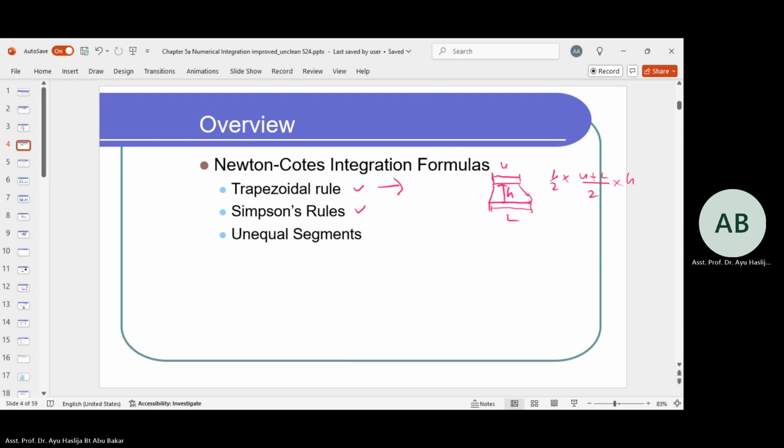Now for Simpson's rule, later on you will see there are two types, 1/3 and 3/8 rules. Unequal is the mixture of all rules. It can be trapezoid plus 1/3 Simpson or plus 3/8 Simpson. Okay, this is all to find area under the curve.